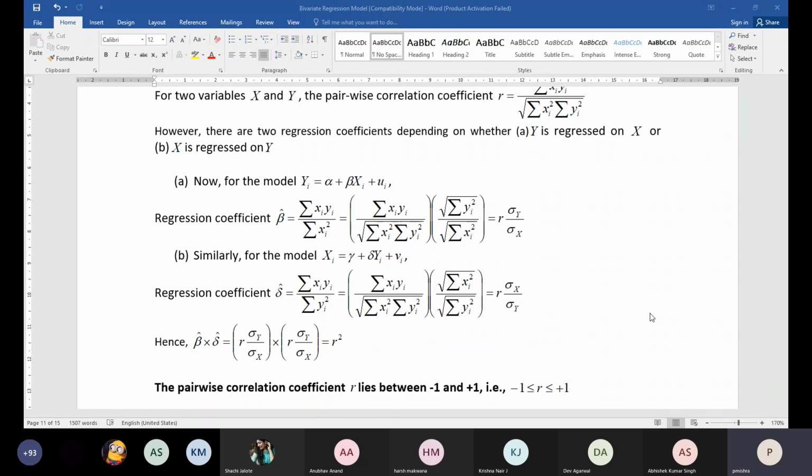You will see that there will be two impacts. One impact is x straightaway influencing y, and another component is x influencing z and z influencing y. Same we will say in case of z also.